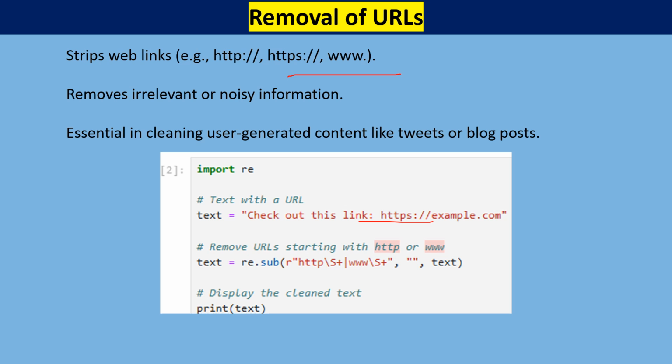The regular expression matches any substring that starts with http or www, followed by non-whitespace characters. It helps in removing most common URL formats. These steps simplify the text and improve the performance of downstream tasks.